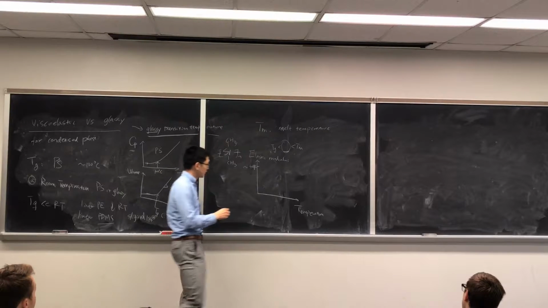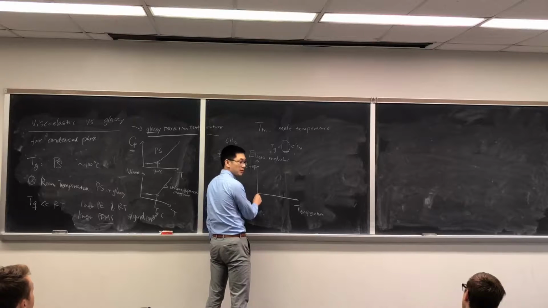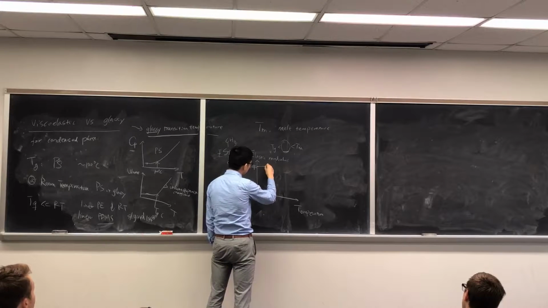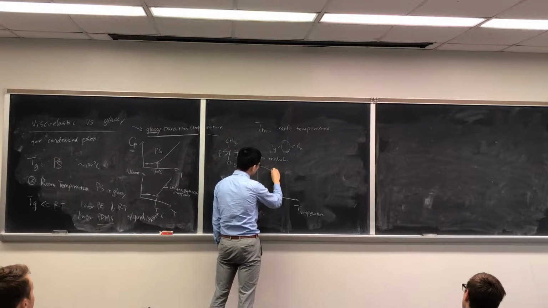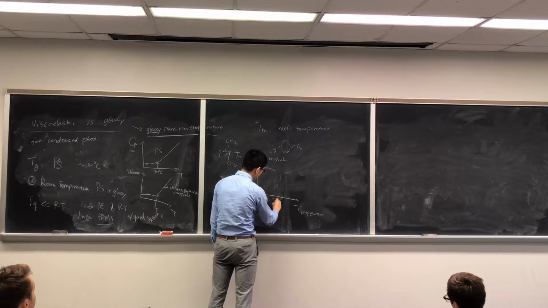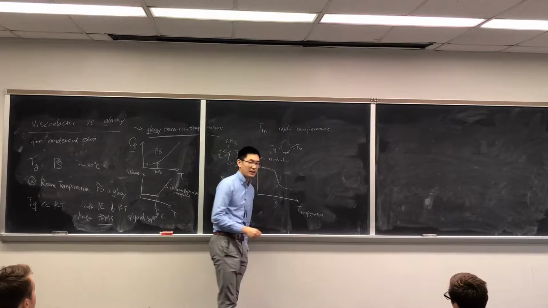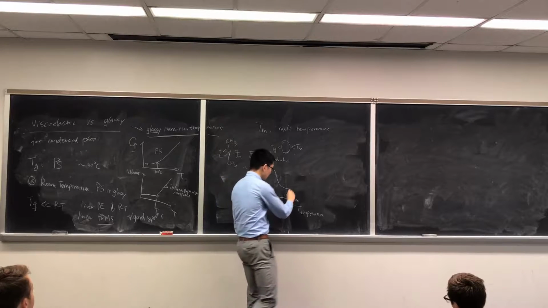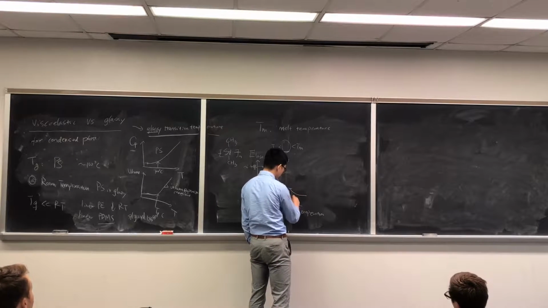You can think about this scale as very low temperature, much lower than room temperature. If you heat the material up, you will likely get a slight drop, something that looks like this. Then at about Tg, you will have a much bigger drop in terms of elastic modulus. And you will have a little bit of plateau and a second major drop at the melting point.